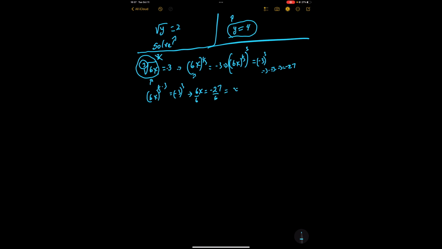So I will get x equals negative 27 over 6. Can I simplify? Yes. Can I divide by 3 on both sides? Yes. So that will be x equals negative 9 over 2, and that is your answer.